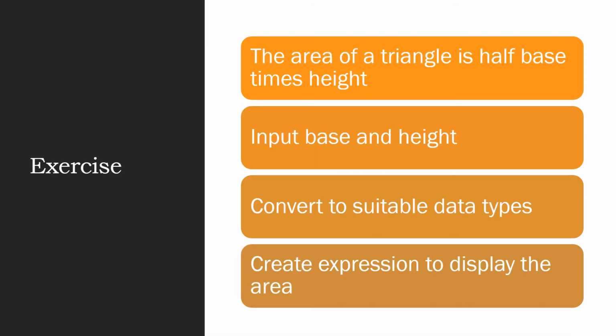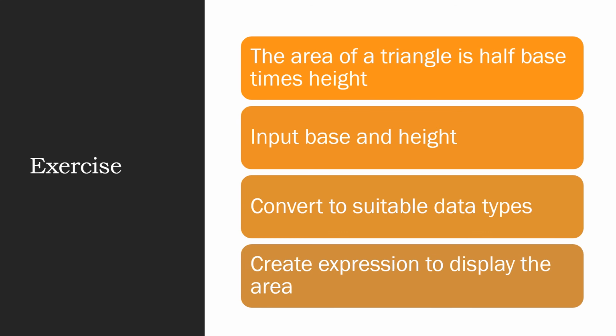And your final challenge is to complete this exercise. The area of a triangle is half the size of the base multiplied by the height, the perpendicular height of the triangle. So enter commands into the Python shell to input the base and height, perpendicular height, of a triangle, let's say in centimeters.